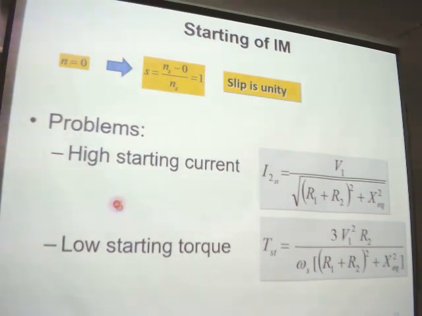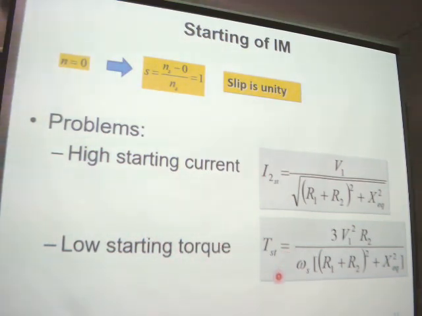We call it the high starting current, because in the general equation, here is R2 over S, but S is equal to 1. So here is R2, the value is small, and the current is high.